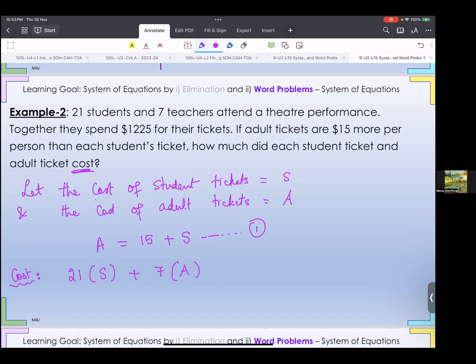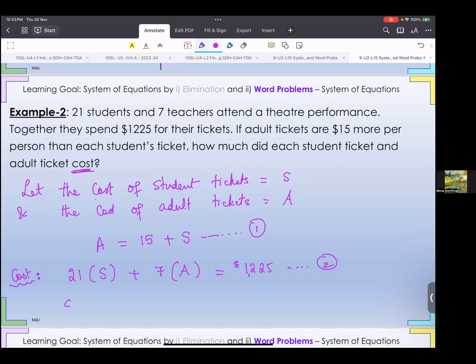And that gives me 1225. So that's what they spent. Okay, so that's your second equation. You can either use substitution or elimination. Now, since we have already isolated A, it makes sense to use substitution here.